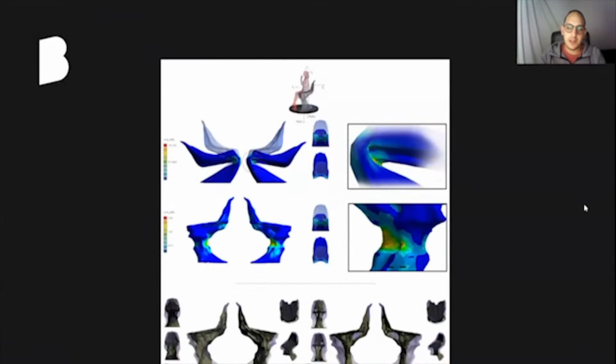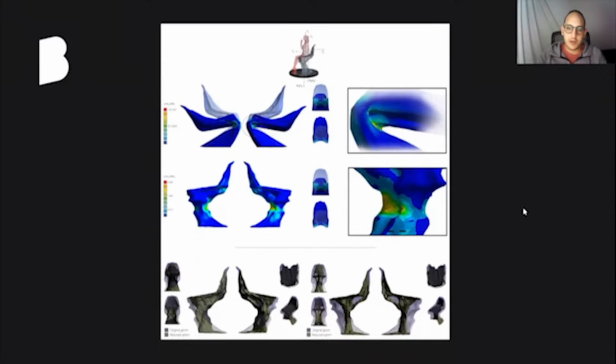The geometry is then taken to the other core part of the project, which is the engineering analysis part, and tested with the geometries being embedded with the mechanical properties of a biomaterial. In this case, it was a mixture of chitosan and bone. I will go into the biomaterial details slightly later.